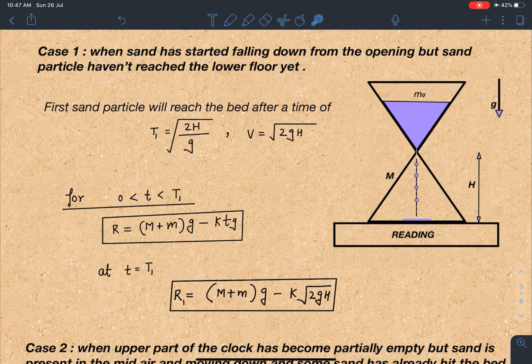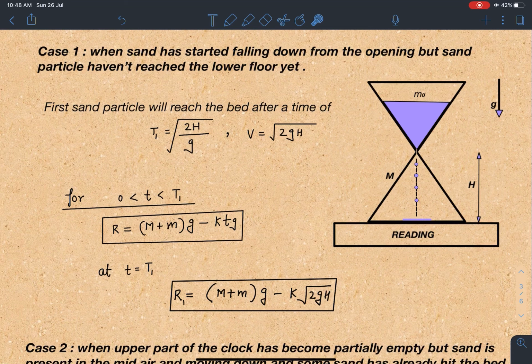That's very basic, and it will be hitting the floor with a speed of root 2gh. These are direct results we can use. So now for all intermediate times between 0 and t1, where t1 is that instant when the first sand particle reaches the ground and hits the floor, in time t, whatever mass has come out, that much the reading will be decreasing.